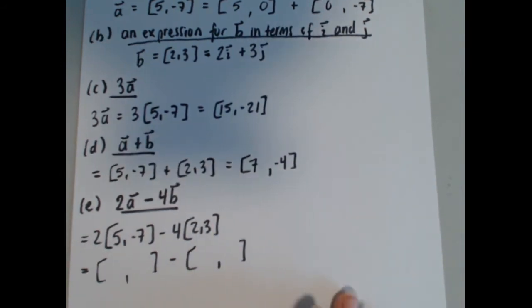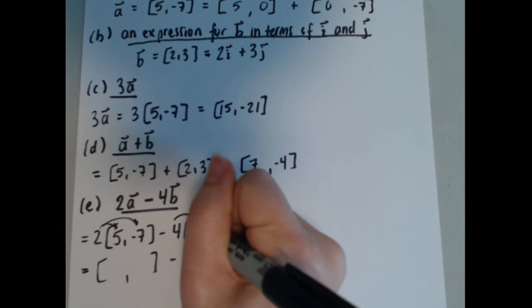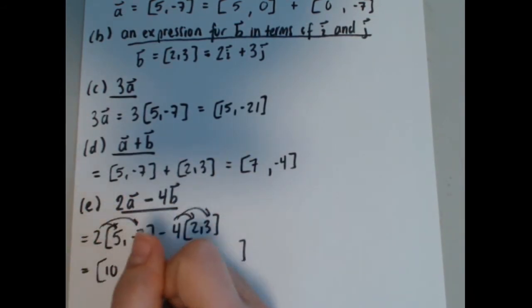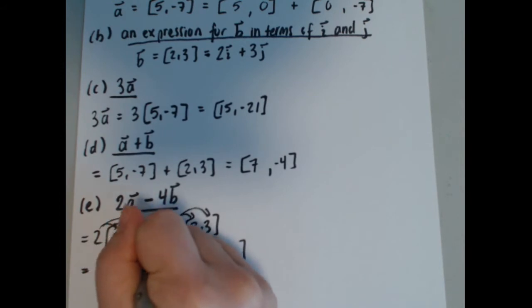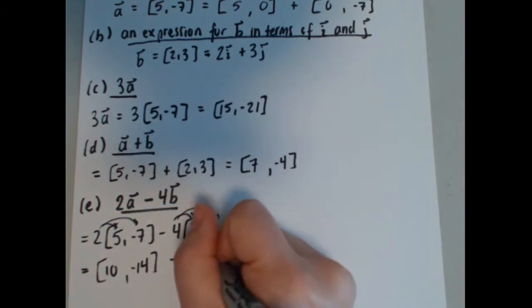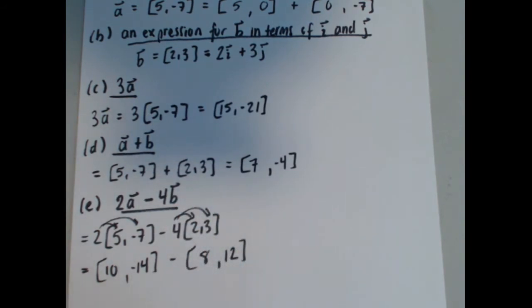By the way, let me draw those arrows in so you see what I mean. 2 times 5 is 10. 2 times -7 is -14. 4 times 2 is 8. And 4 times 3 is 12.